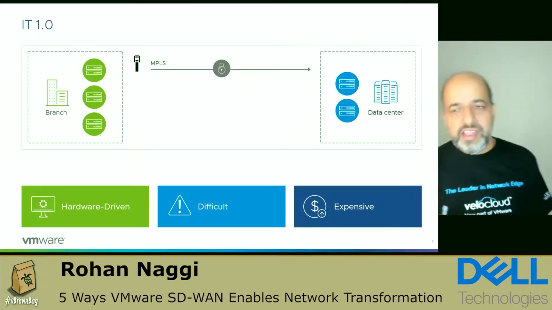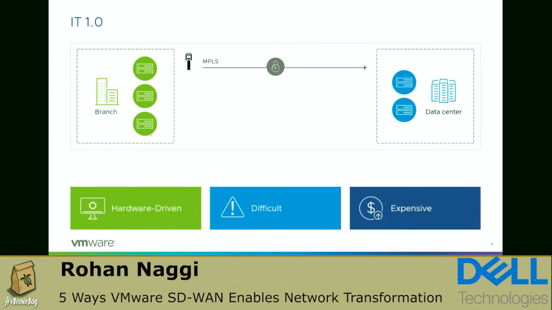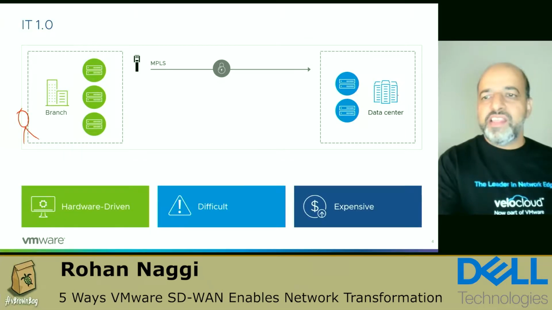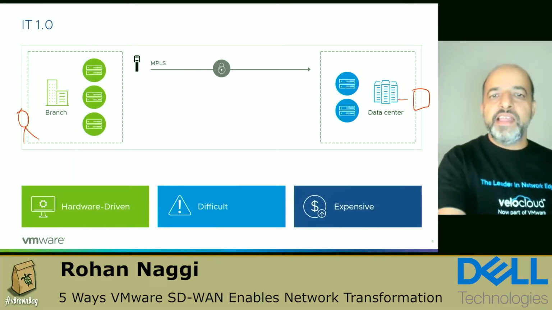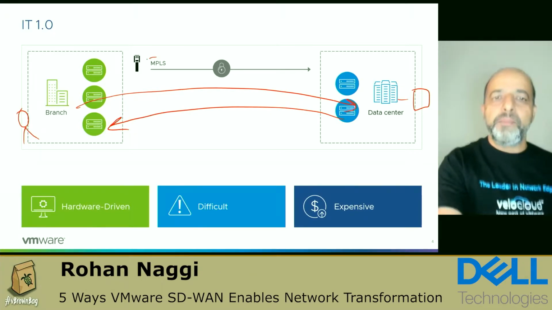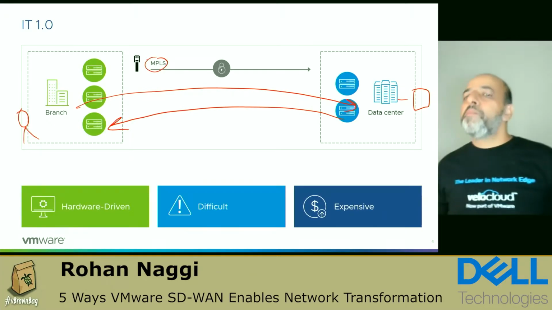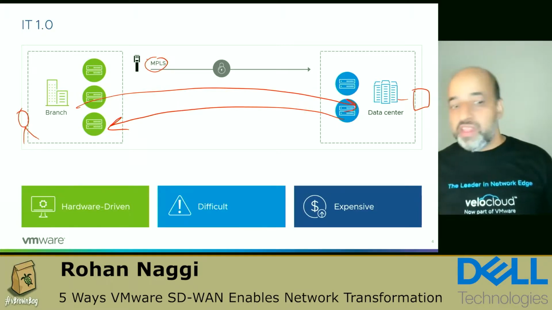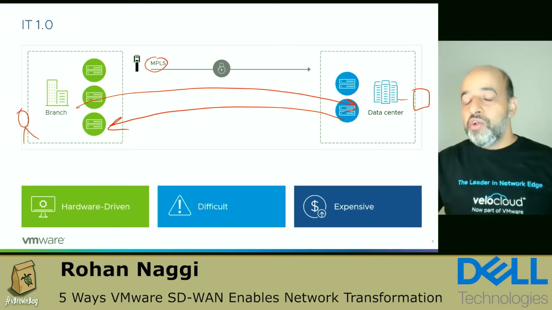I call this IT 1.0, and that's where the legacy architecture comes into play. The traffic pattern is very predictable. A user from the branch side will try to access a resource sitting in the data center. So request, response, and typically it happens over private circuits, which are expensive and take time to get installed and configured.